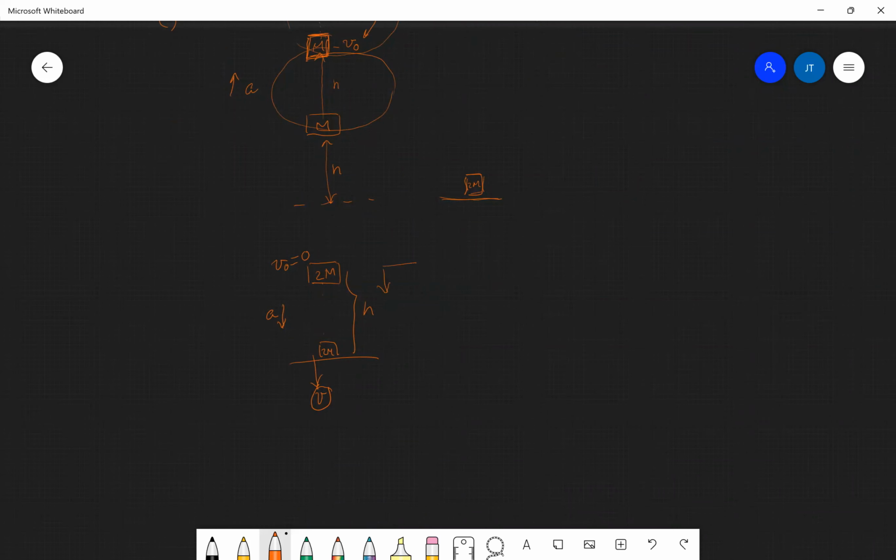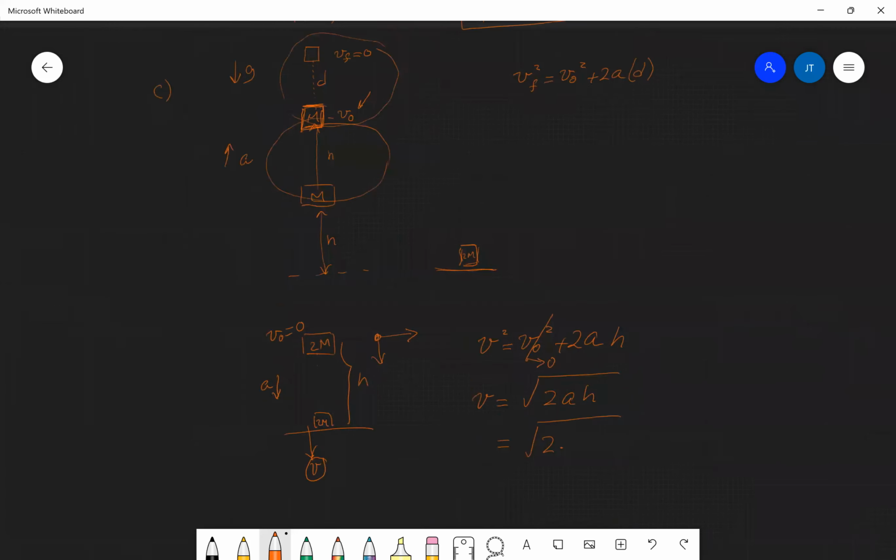So here we can easily compute this. Again, take our axis like this. Actually, we need the velocity. So v squared is v0 squared plus 2a times the height, which is h. The v0 term is 0 because it was let go. So v is the square root of 2ah, the square root of 2 times a.